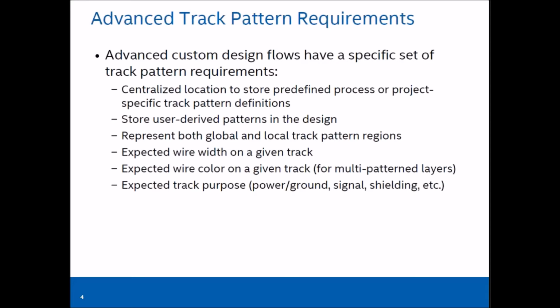And of course, with multi-pattern technologies, we have these concepts of different colors. Sometimes the tracks need to know what color is intended for that track, since planning ahead of time can help with multi-patterning. And then, of course, the track purpose, like I mentioned earlier, if the track's intended for power, ground, or signals.